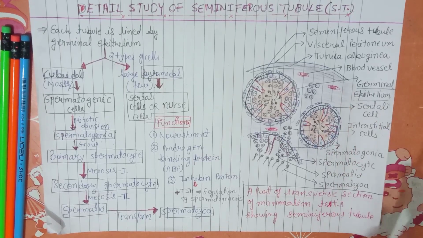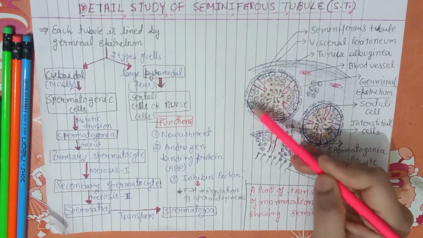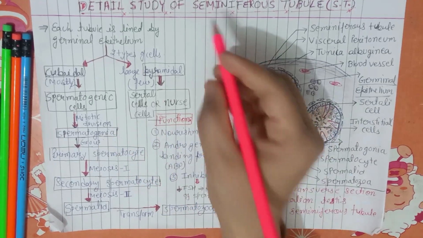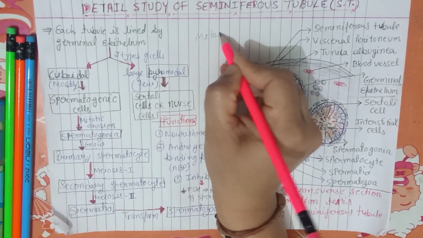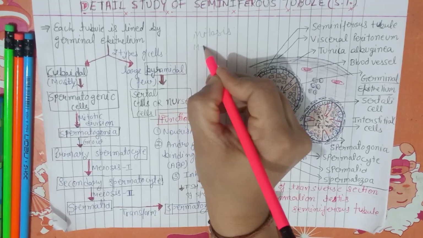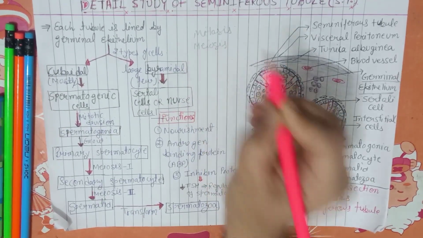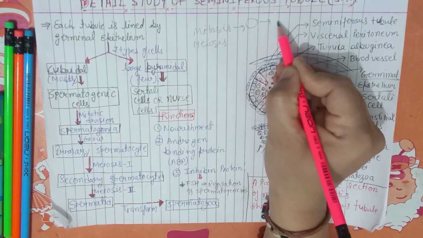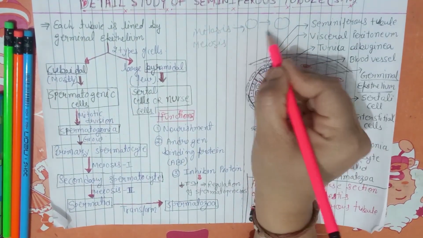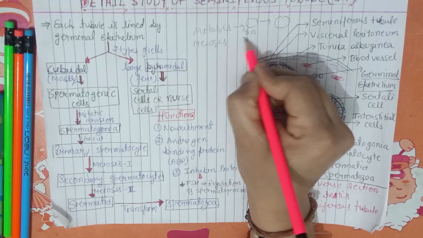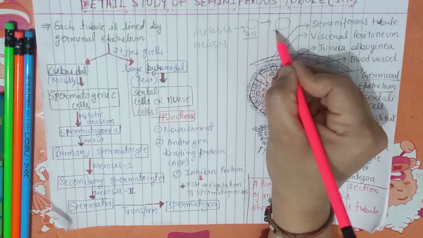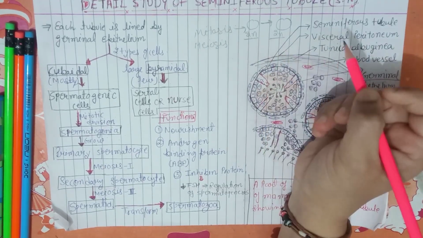So this cell is known as a Sertoli cell and the other is known as a spermatogenic cell. Now what happens? These spermatogenic cells will undergo a mitotic division. You know very well there are two types of division: one is mitosis and another one is meiosis. Mitosis is a division in which, when a cell divides, the number of chromosomes remains the same. If the parental cell has 2n chromosomes, then after mitosis the daughter cell has the same number of chromosomes.